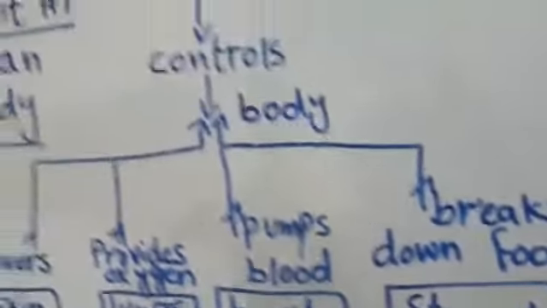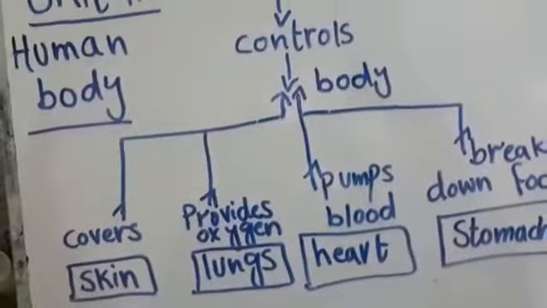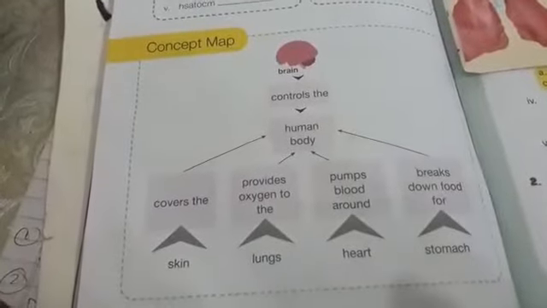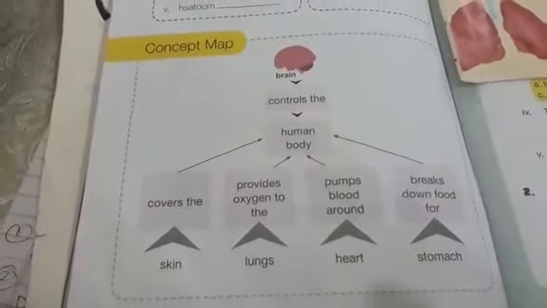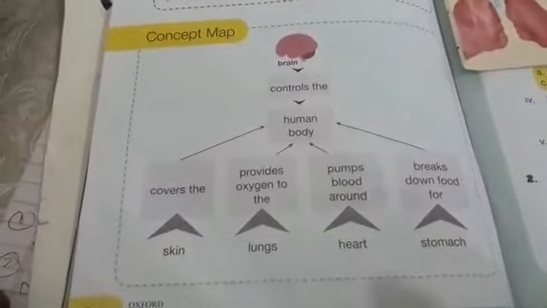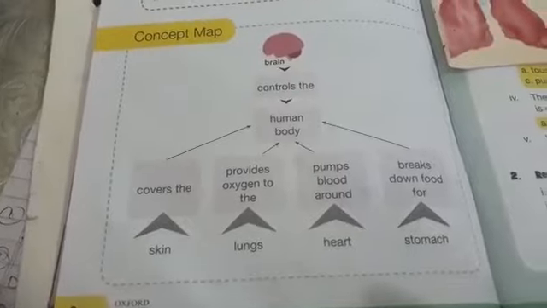Clear? This is the main chart, or you can say the map, that is also given in your book on page number 6. You can see clearly. This is the concept map, the concept of the full chapter. Clear?